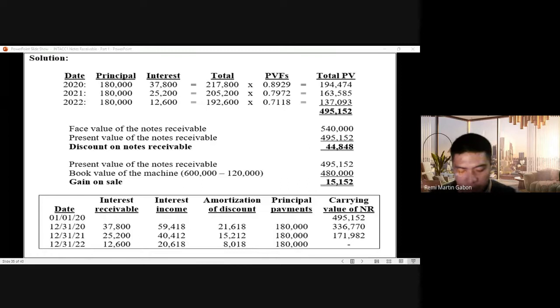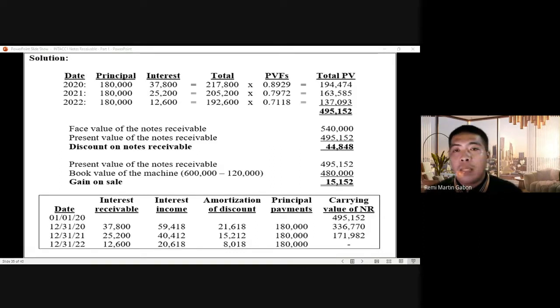Magkano yan? 495,152 plus 21,618. Okay. 516,770. Natatanungin niyo ako, sir, nasaan yung 516,770 dyan?